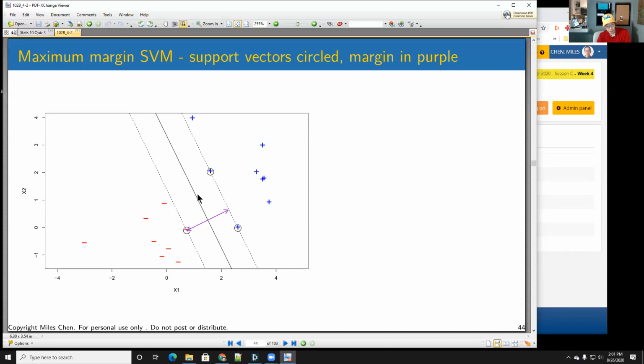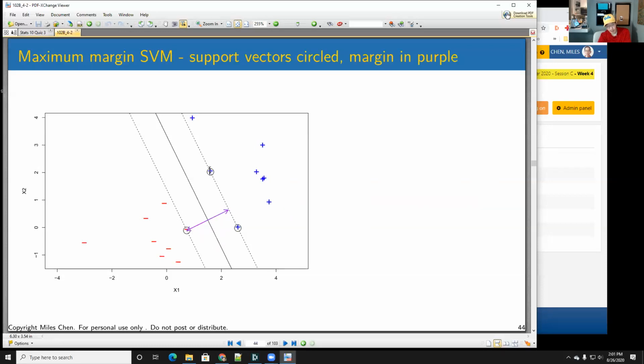And these 3 points are known as the support vectors, because technically I can keep adding a whole bunch of blue points over here. I could add a blue point here and here and here, and the location of this margin is unaffected. I could add a whole bunch of red points over here and the margin remains unaffected.